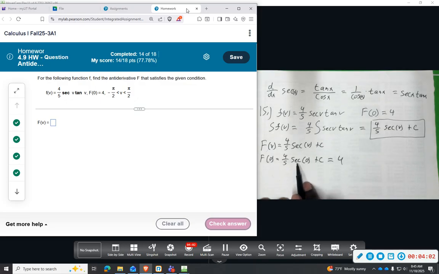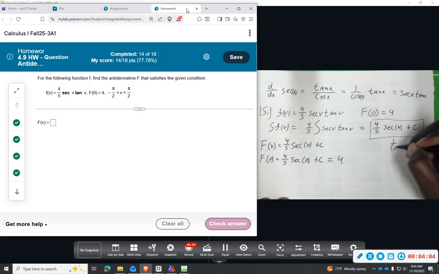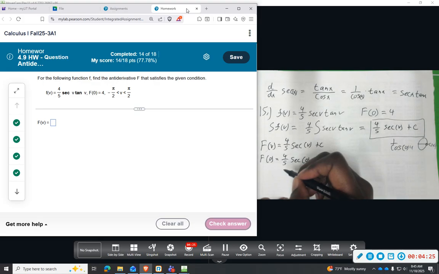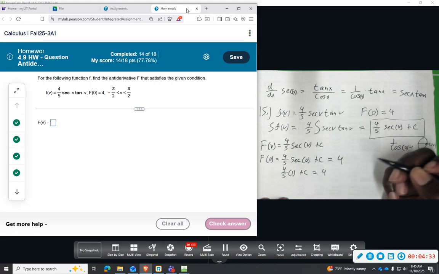Think about this as 1 over cosine. I just have to revert to the basic trig functions, and I'm looking at the unit circle. Cosine of 0, the angle 0, is going to be the ordered pair 1. So this is 1 over 1, or this whole thing equals 1. So we're looking at 4 over 5 times 1 plus c equals 4. And this is going to help us figure out c.